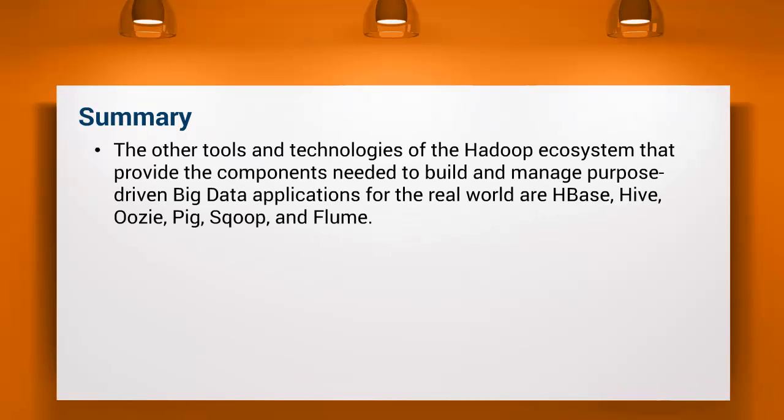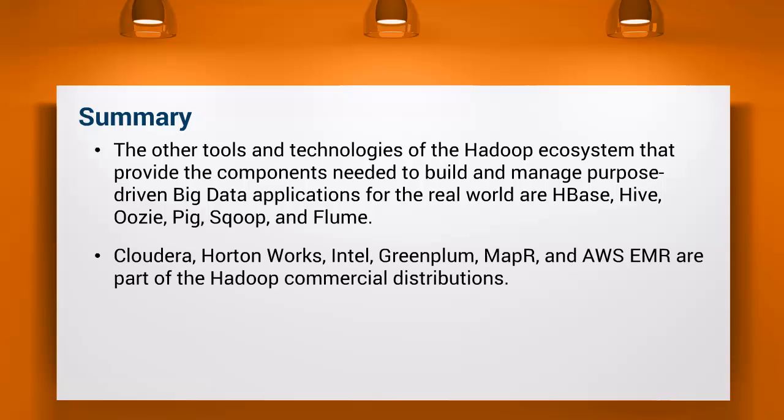The other tools and technologies of the Hadoop ecosystem that provide the components needed to build and manage purpose-driven big data applications for the real world are HBase, Hive, Oozie, Pig, Scoop, and Flume. Cloudera, Hortonworks, Intel, Greenplum, MapR, and AWS EMR are part of the Hadoop commercial distributions.